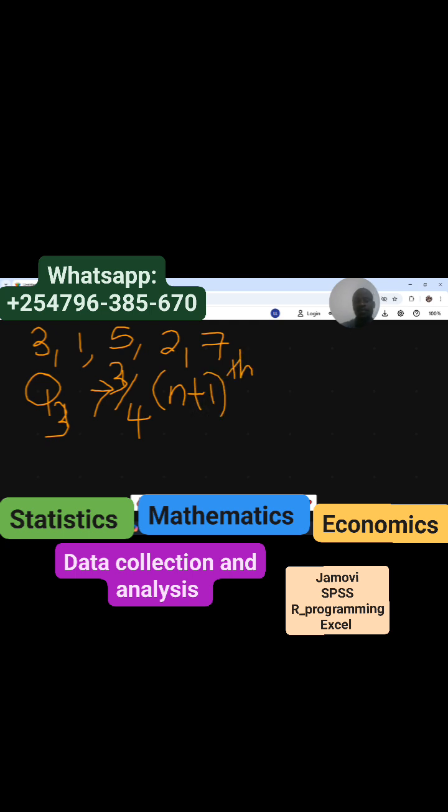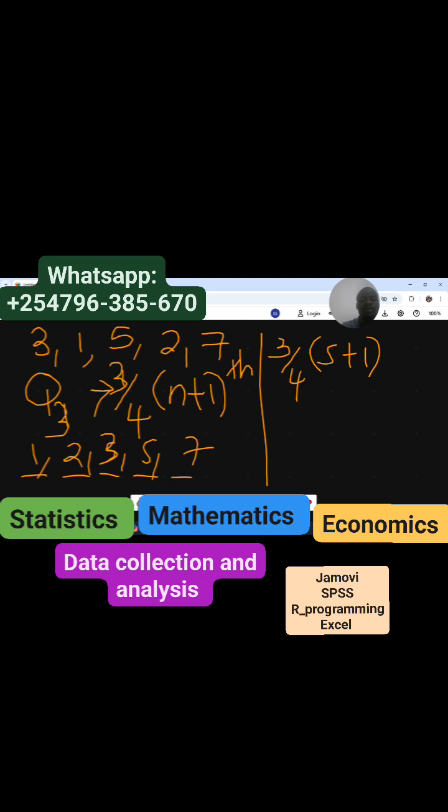So let's go. The first thing, we arrange in ascending order: 1, 2, 3, 5, 7. Perfect. What do we do? Our next step, we take 3 divided by 4 times how many are here: 1, 2, 3, 4, 5. So 5 is our n, plus 1.